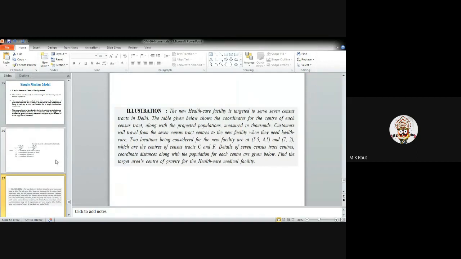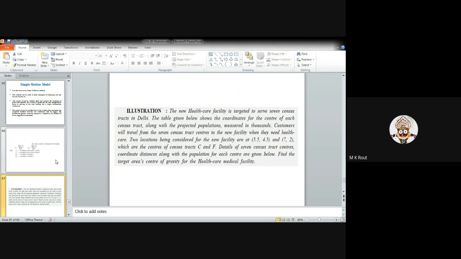The healthcare unit finds two locations to be the best, with values 5.5 for the x coordinate and 4.5 for the y coordinate. Similarly, another location has an x coordinate of 7 and a y coordinate of 2.